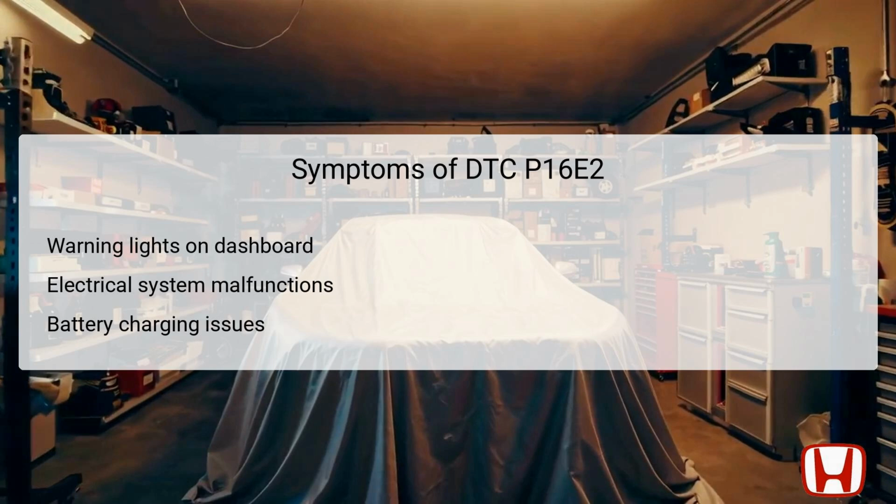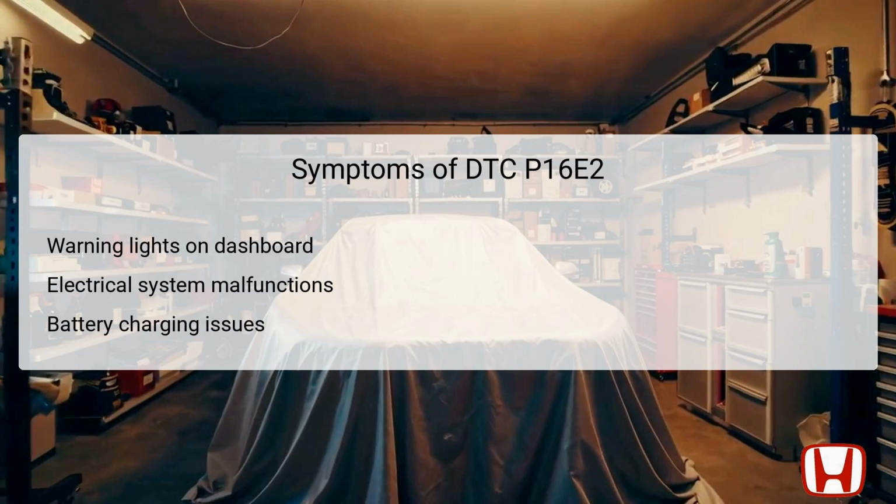Furthermore, there might be noticeable problems with battery charging, leading to difficulty starting the vehicle or battery drain when the engine is off. These symptoms can give drivers valuable insight into potential electrical issues and underscore the importance of addressing the P16E2 DTC as soon as possible.